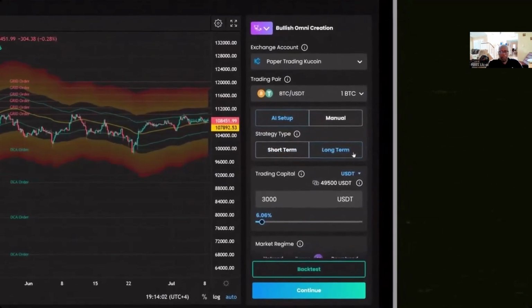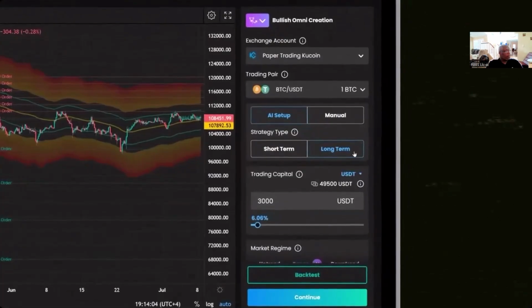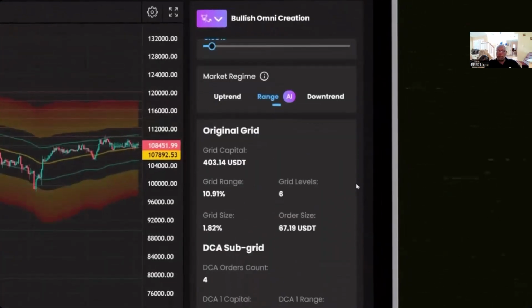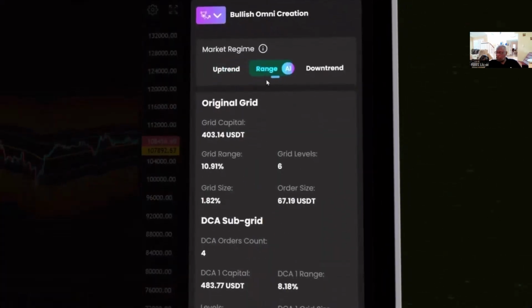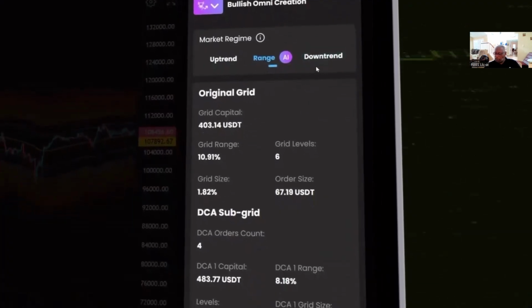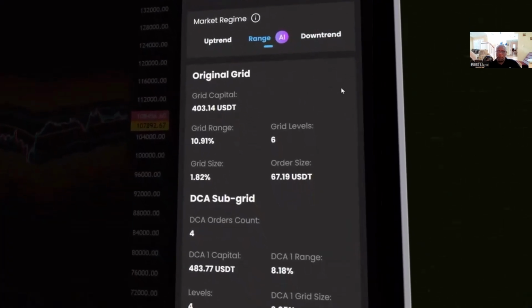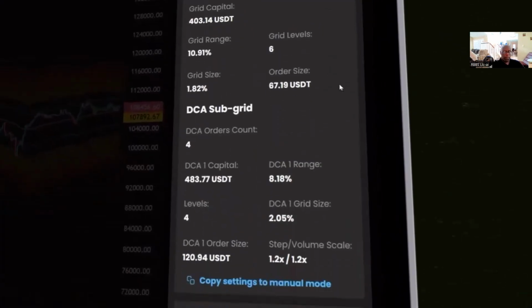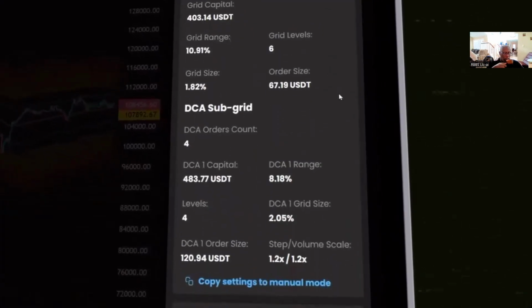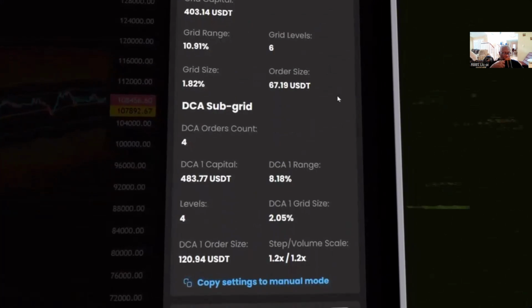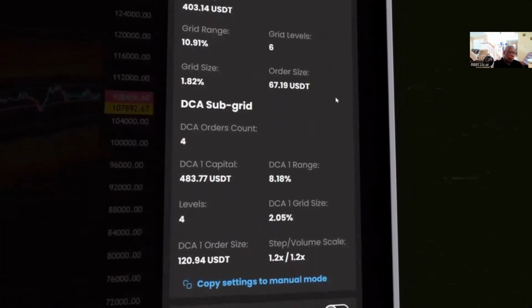Omni Intelligence analyzes past price behavior and processes the current market conditions, uptrend, range, or downtrend, then suggests a setup aligned with that analysis. Smart grid levels and adaptive DCA orders adjust accordingly, giving you a clearer starting point.